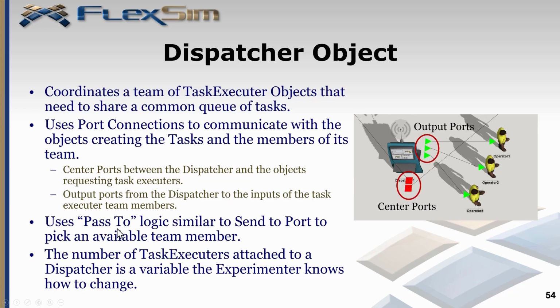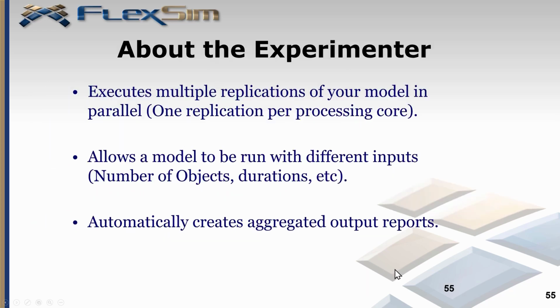It uses a pass to field, and the logic of that field is similar to the send to port field for processors. This is the field on a dispatcher that's used to pick an available team member. The number of task executors attached to a dispatcher is a variable the experiment knows how to change. So that's going to come in handy for this phase of the model.